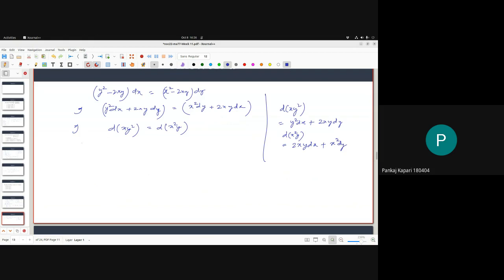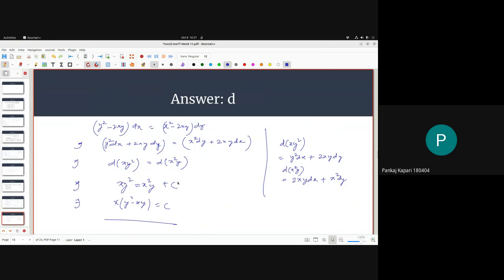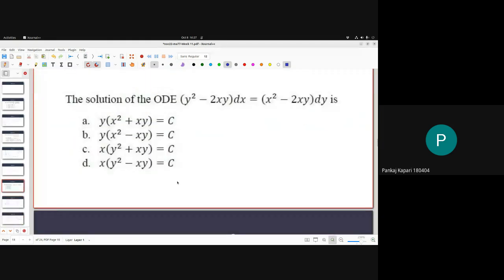Okay, so if we integrate both sides, then we have x y square is equal to x square y plus constant. So this is our general solution of this differential equation, which we can alternatively write by taking xy common: in the bracket, we have y minus x, equal to constant. So this is the final solution. Okay, so this option D is correct here.